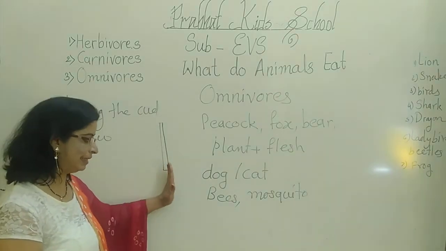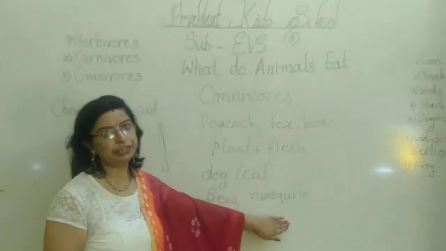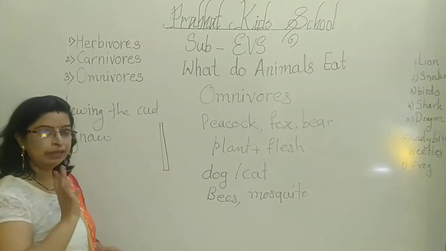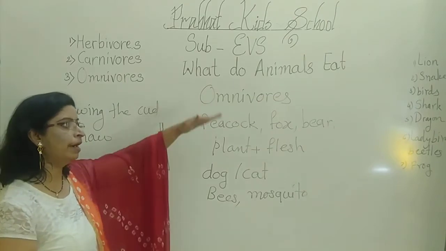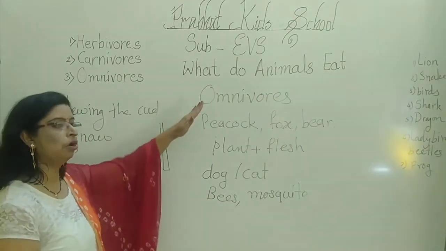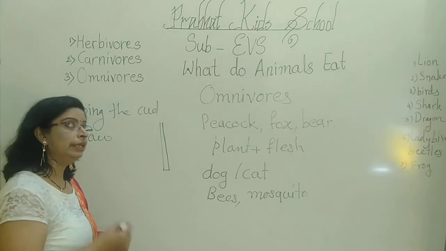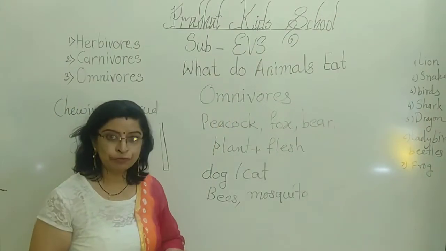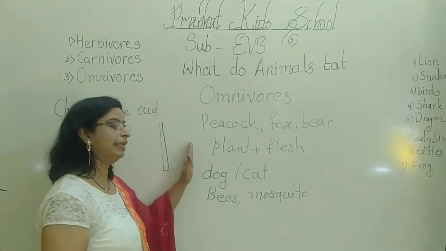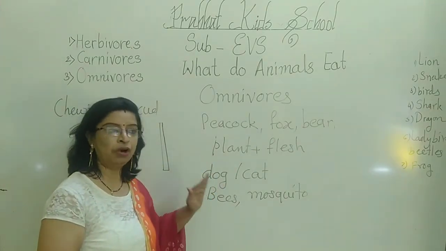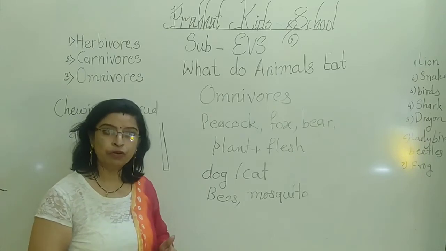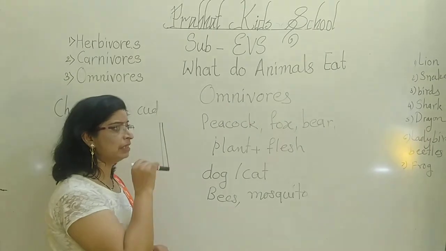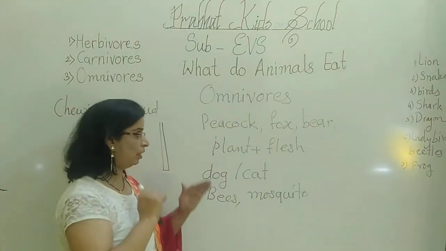In which insects is it found? Bees, mosquitoes, then butterflies. This is all about our lesson. Now see students, apart from this, all animals need water also. They eat the food, but with the food, they need water also, and all animals get water from their surroundings. So this is about our chapter.